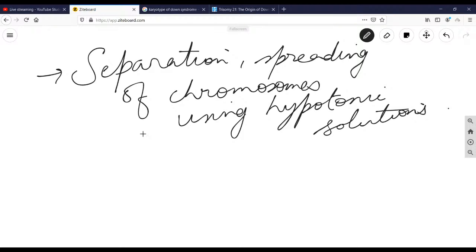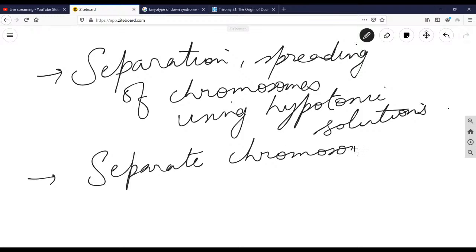Then we prepare slides for the chromosomes. We separate chromosomes onto a slide. The next step is, in order for various chromosomes to be visible properly, this will make it visible. But after that, if I want to see more of visualization, means I want to see which regions are highly expressed, which are less expressed, which are heterochromatin, which are euchromatin, then I'll go for the staining process.